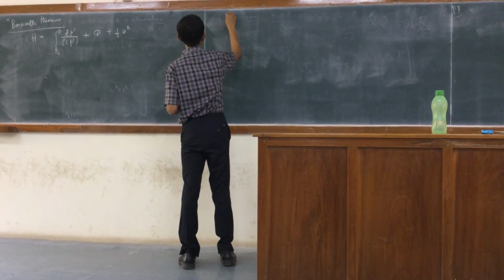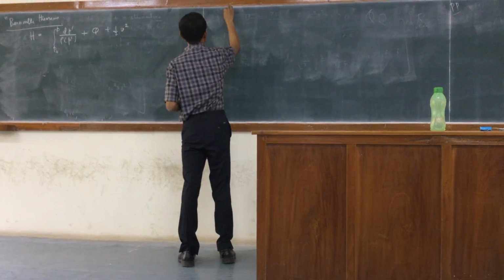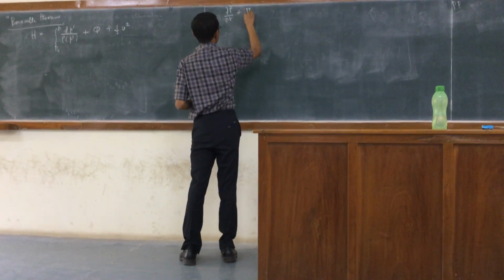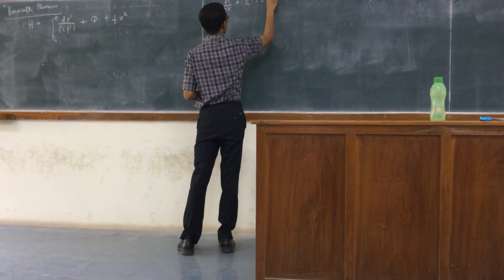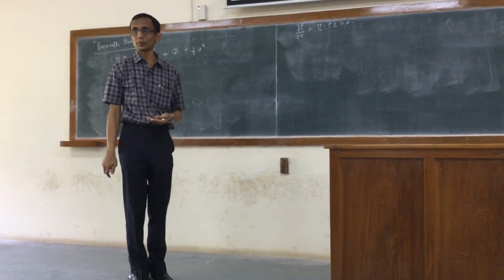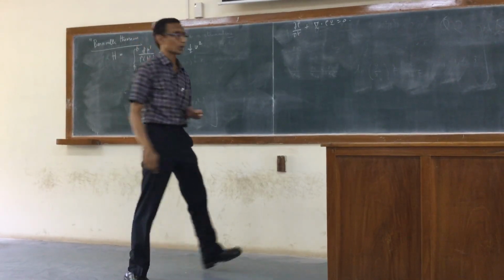So the continuity equation is given by d rho by dt. If I don't restrict it to incompressible fluid, then I have to write the continuity equation in this form. I am including unsteady flows also.